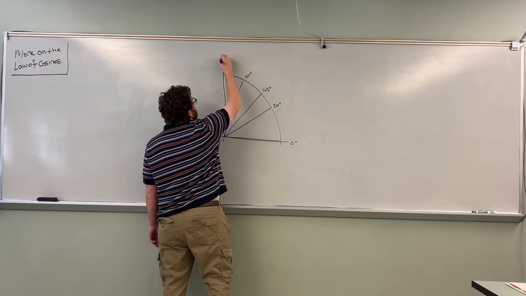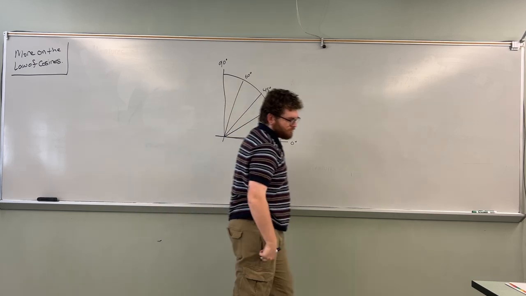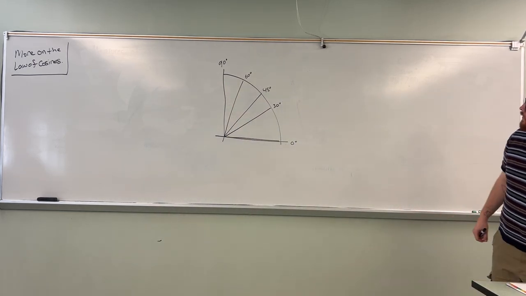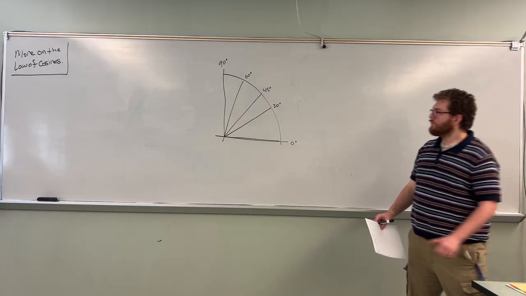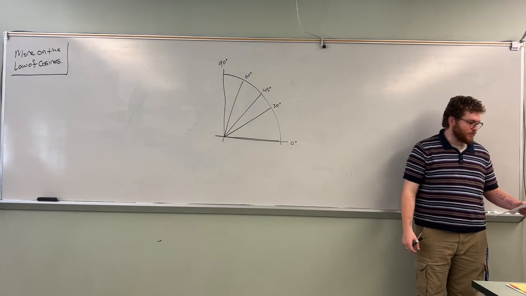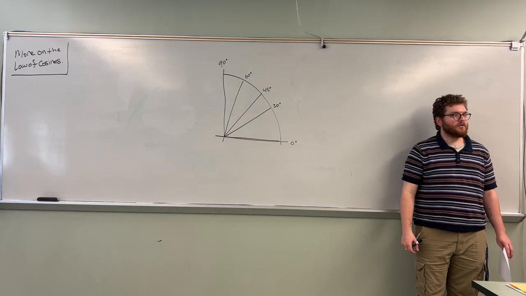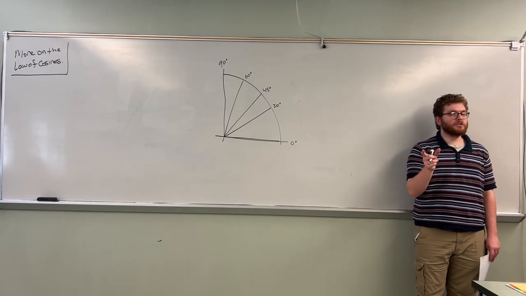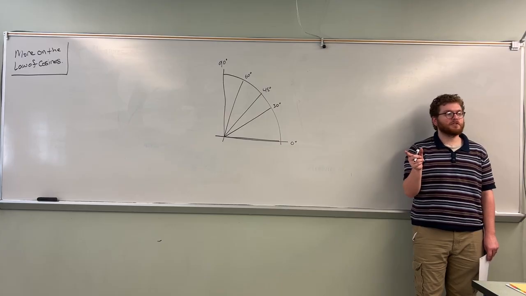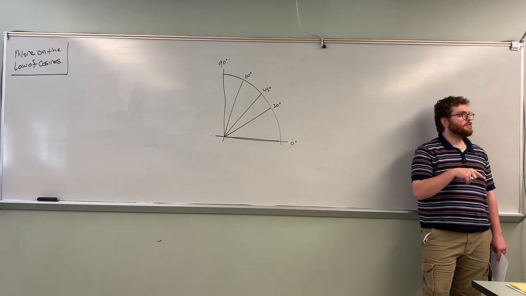And here's 90 degrees. All right. Instead of having to go through these, what we call significant angles, and figure out the relationship between these degree measures and radian measures, once we do the unit circle enough, you'll just remember them.